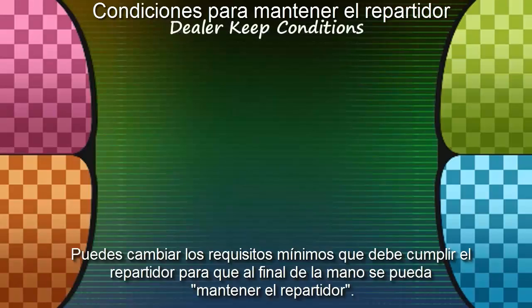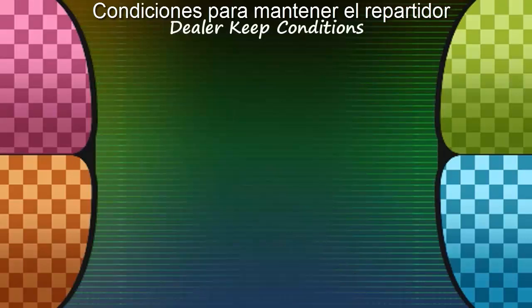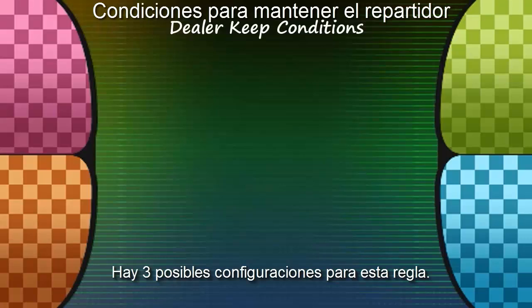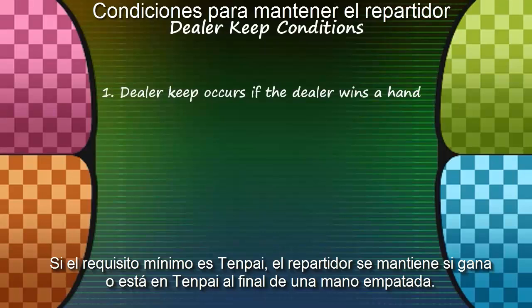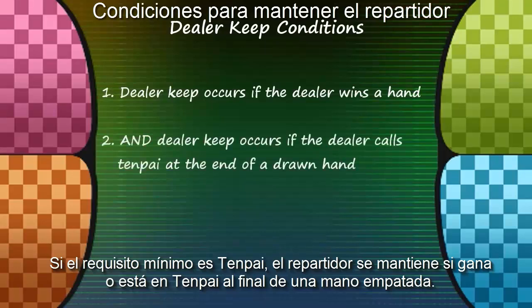You may change the minimum requirements that the dealer must meet at the end of a hand in order to cause a dealer keep. There are 3 possible settings for this rule. If the minimum requirement is win, the dealer can only cause a dealer keep by winning the hand. If the minimum requirement is tenpai, dealer keep occurs if the dealer wins or if the dealer calls tenpai at the end of a drawn hand.